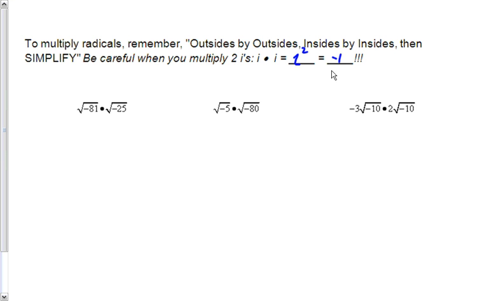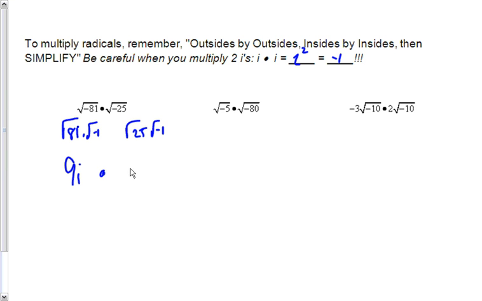So watch what happens. We know that this is the square root of 81 times the square root of -1, just like the square root of 25 times the square root of -1. We know this is i, the square root of 81 is 9, so we call this 9i. Well, that's 9i times the square root of 25 times -1.